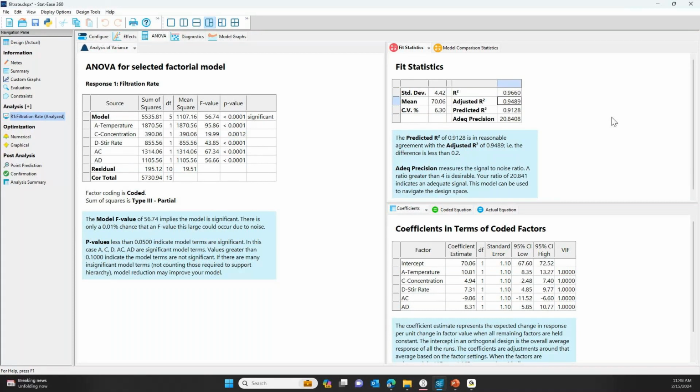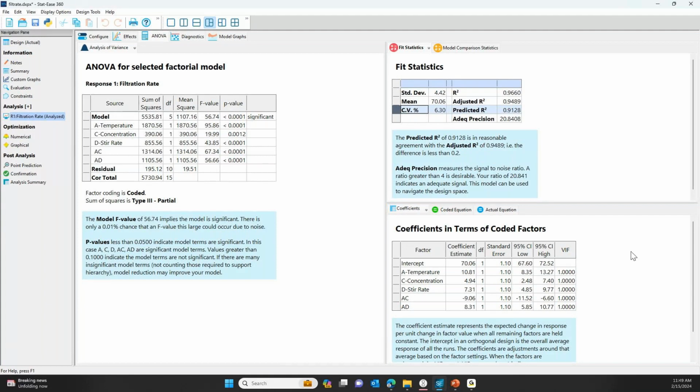And we're basically at around 95%. Our model is pretty good. It fits with about 95% accuracy. The predicted R-squared is an assessment of how good we would anticipate this model being at predicting the next case. If we went out and ran a different set of conditions, how good would we be at making those predictions? And that's also pretty solid.